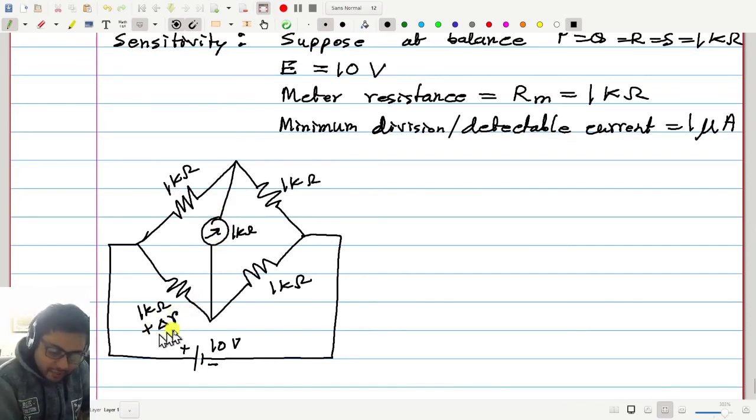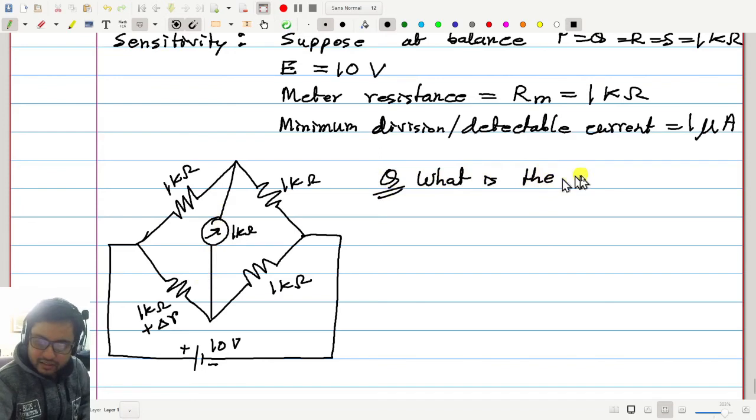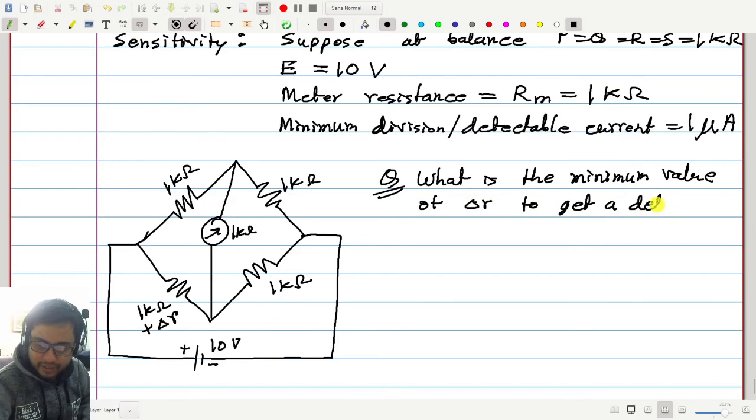What is the minimum value of delta R for which I will get a detectable current in the meter? So what is the minimum value of delta R to get a detectable current?